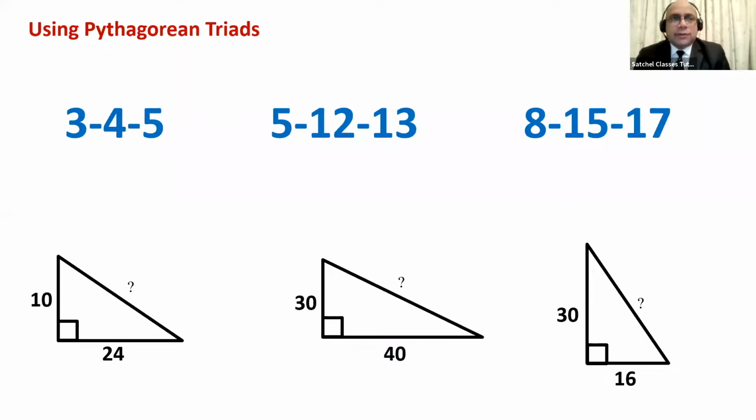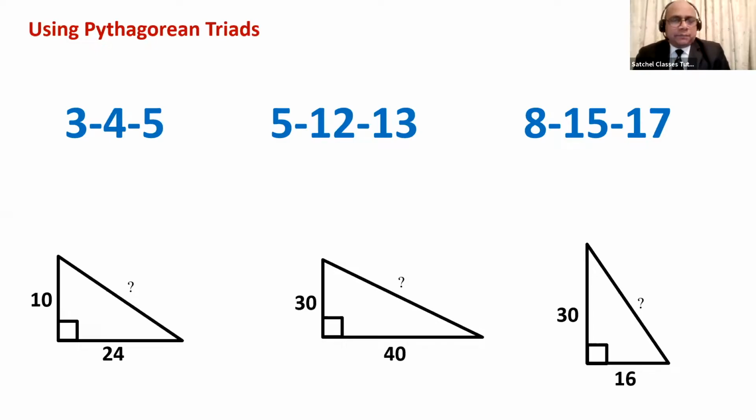And hence, these are the three values which follow Pythagoras theorem. Now, the interesting property that we had learned in the earlier class was any multiple of a standard or basic triad gives you another triad. And we'll be using this particular property to find the missing sides of any right angle triangle.